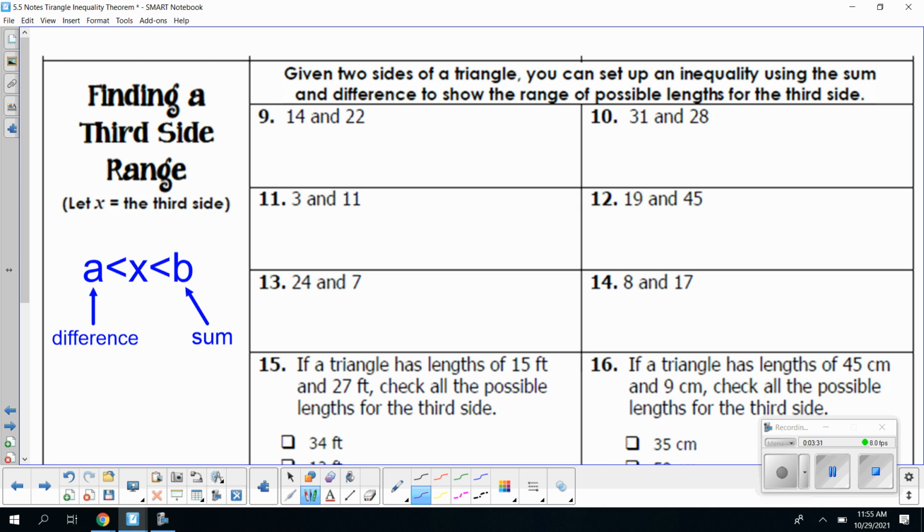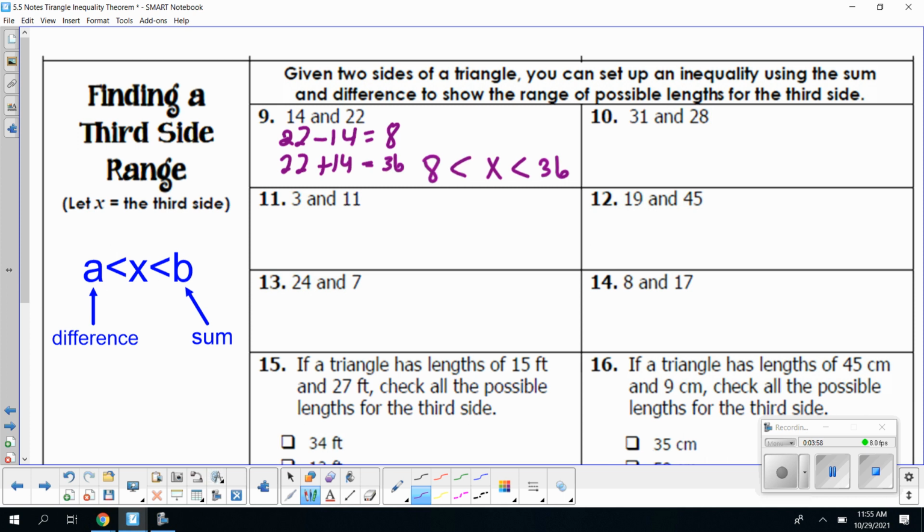When we do 22 minus 14, that gives us 8. And when we take the sum of those two numbers, 22 plus 14, that gives us 36. So that means my third side could be between 36 and 8. X must be less than 36, but it must be greater than 8.